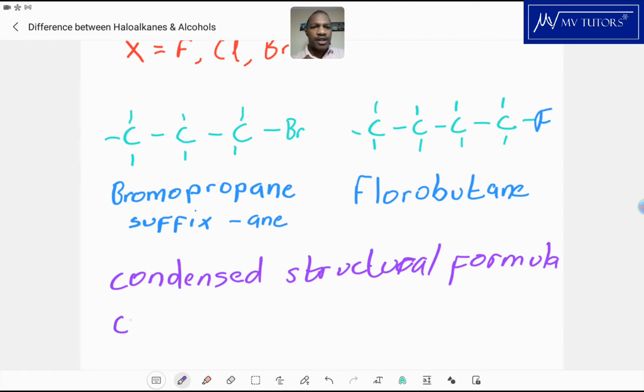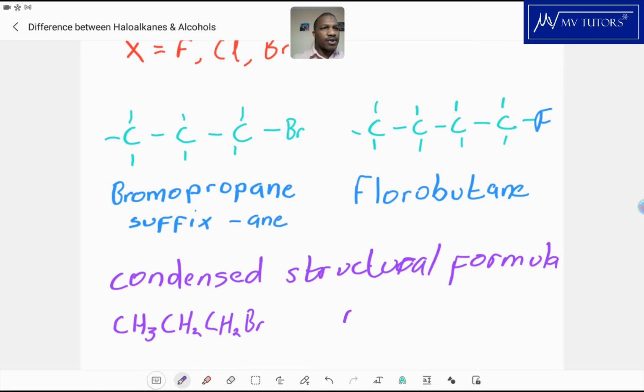We have 1 C. How many H atoms do we have? 1, 2, 3. H atoms, sorry. And then this next one is C. How many H? We have 2. C, we have 2, and then the Br at the end.